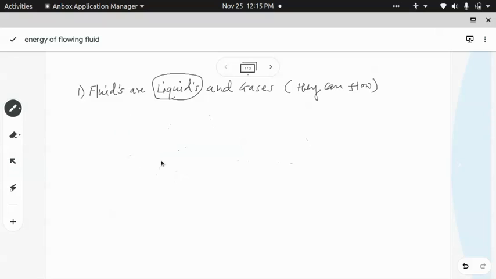So let us suppose a liquid flow. Okay, this is a tube through which liquid is flowing. This is one end of the tube, and this is the other end.